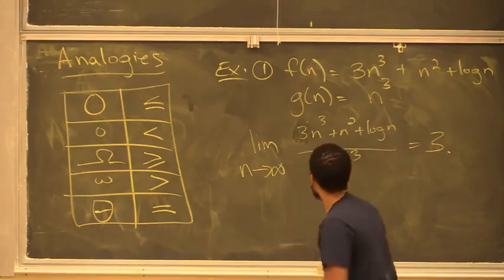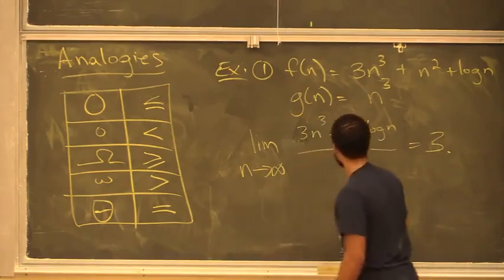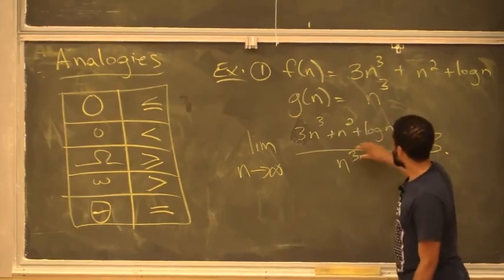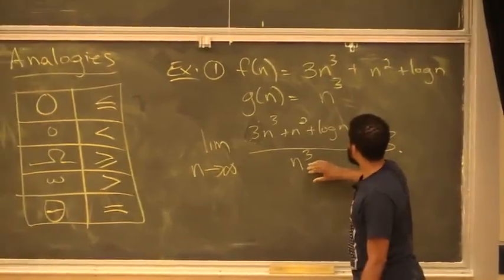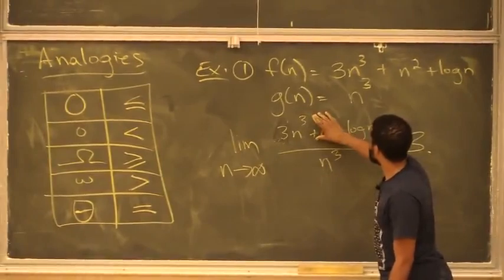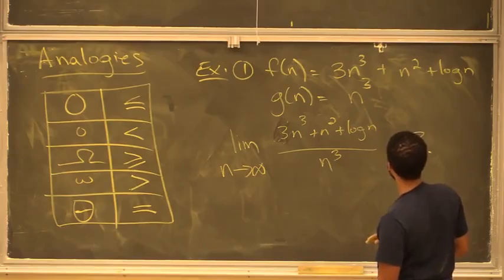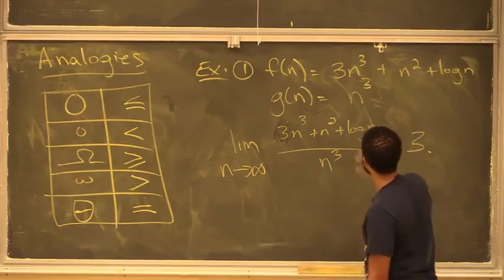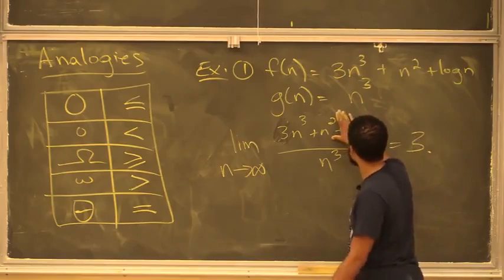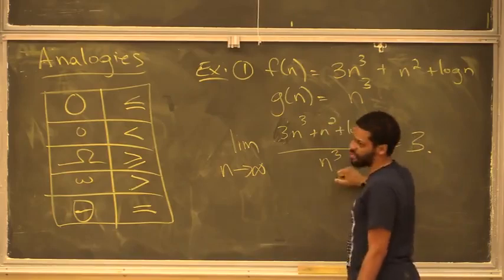Which means for n very, very large, this function is only roughly 3 times bigger than this function.